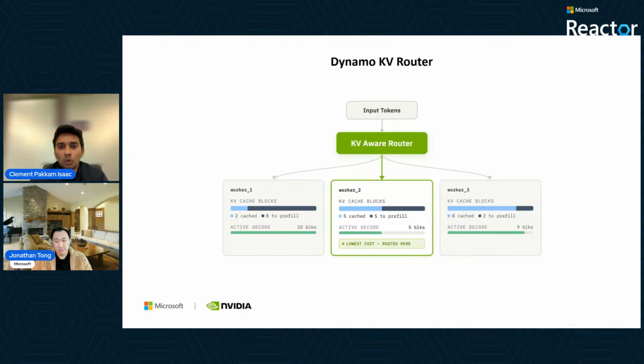It could not process the request as efficiently, and it will significantly increase the inter-token latency for this request. The router avoids that by factoring in both cache locality and decode load simultaneously, so that the best optimized worker handles the request for the user.